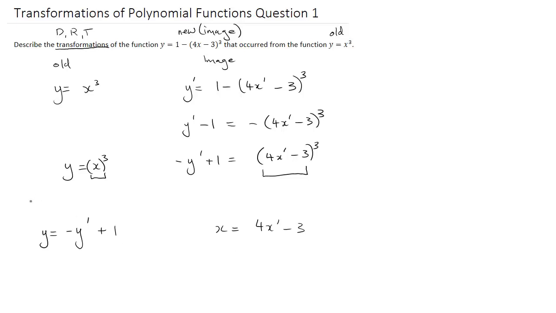And once you have these equations that relate your old y value to the image of the y, and your old x value to the image of x, you should have a go at rearranging it.